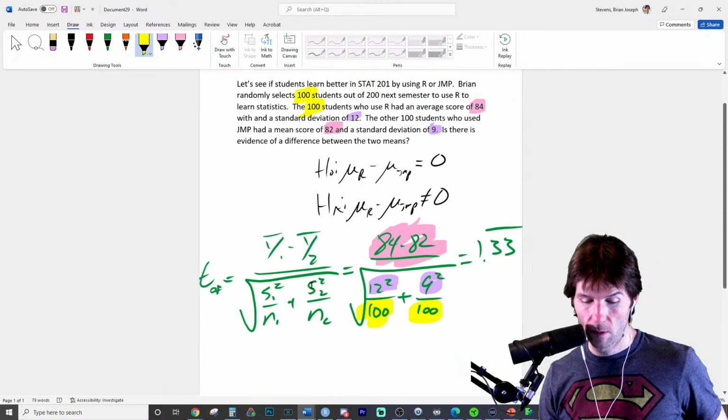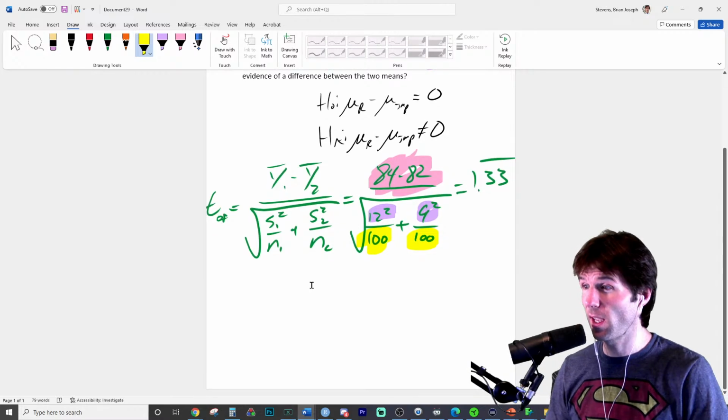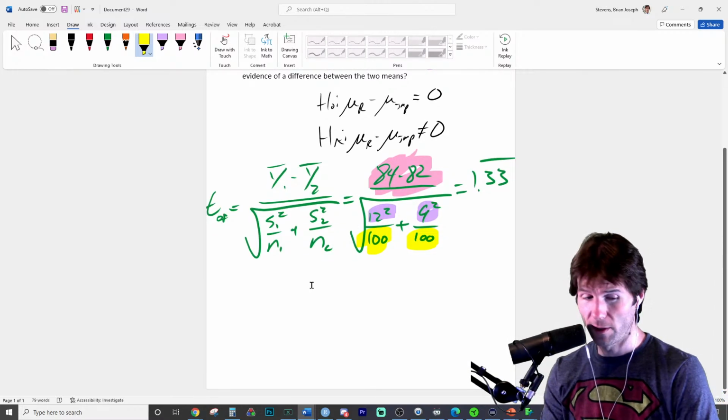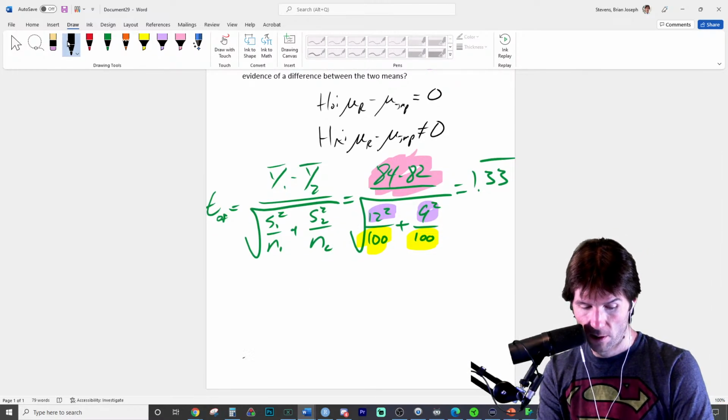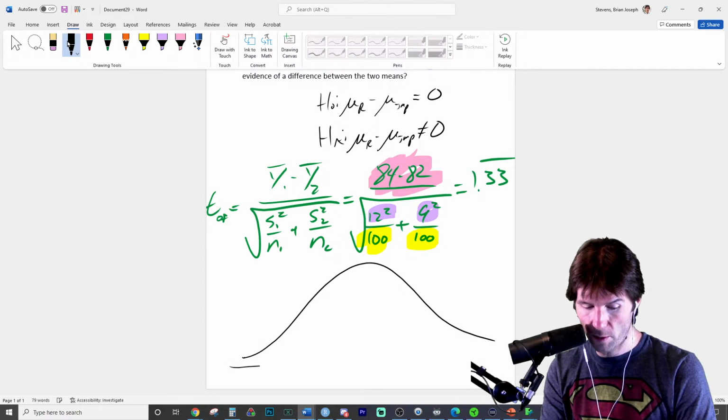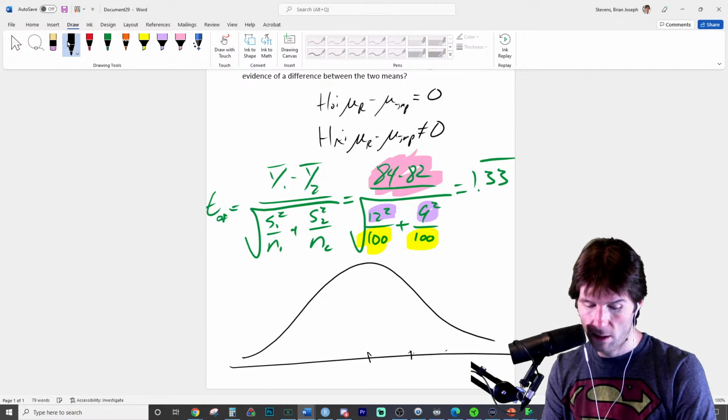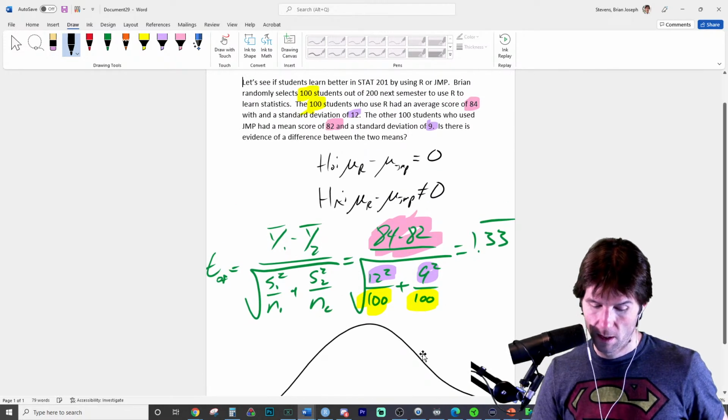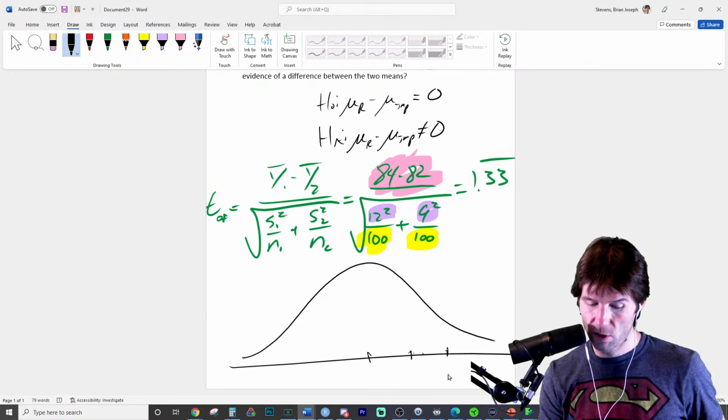So now, what are we going to do with this T? And here's the thing, Kayla. We can guess the p-value. The T is going to be right here at about 1.3333333. But since this is the two-sided does-not-equal, what do I need to do with this?